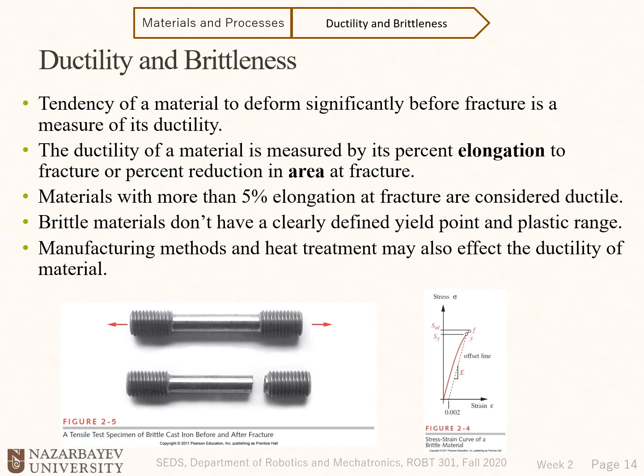What about the ultimate tensile strength? Of course, we cannot see the ultimate point, so the ultimate tensile strength for a brittle material will be exactly the same as the stress at the fracture point.